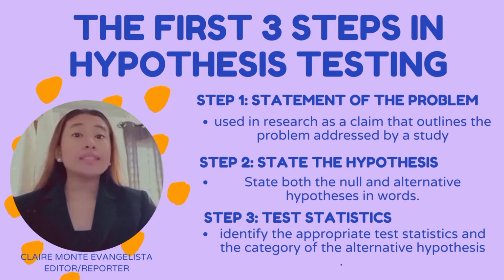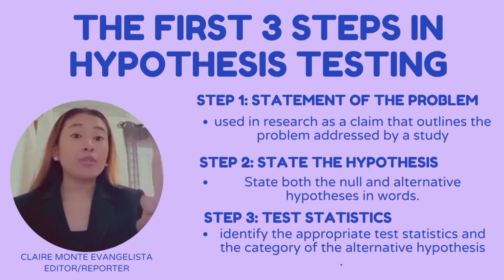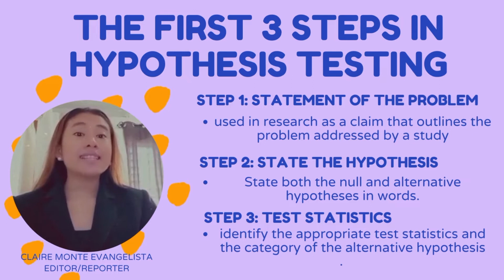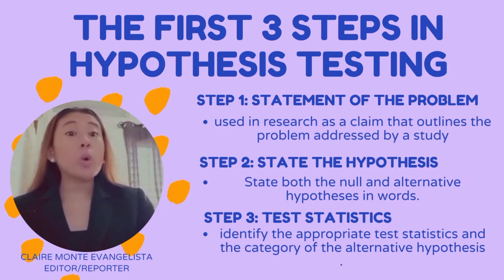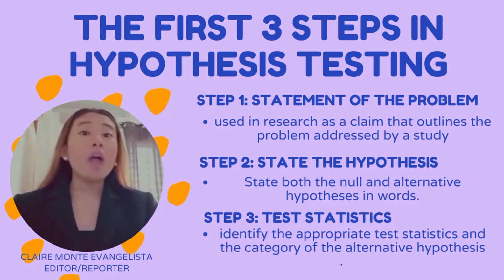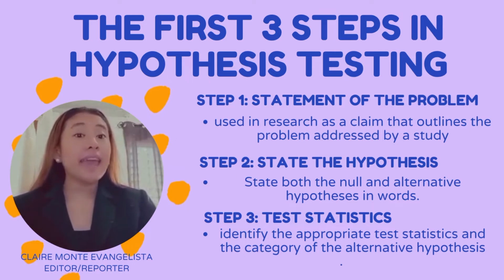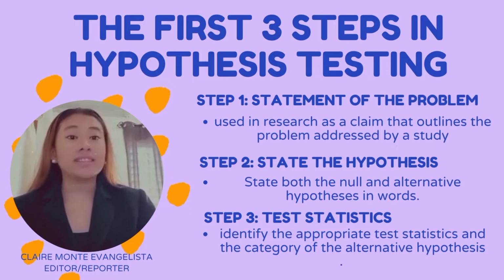We are going to state both the null and alternative hypothesis in words. Step 3. Test statistics. We are going to identify the appropriate test statistics and the category of the alternative hypothesis.